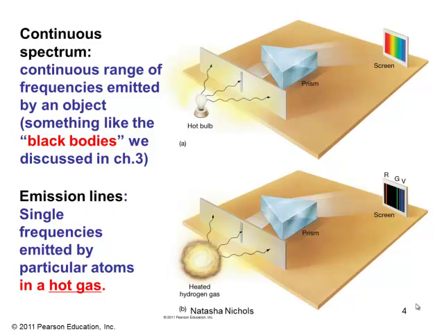So emission lines are single frequencies or wavelengths that are emitted by particular atoms in a hot gas. Notice how I underlined hot gas, so that is important. We get emission lines, meaning those bright lines against a black background, when we have a hot gas, meaning a heated gas.